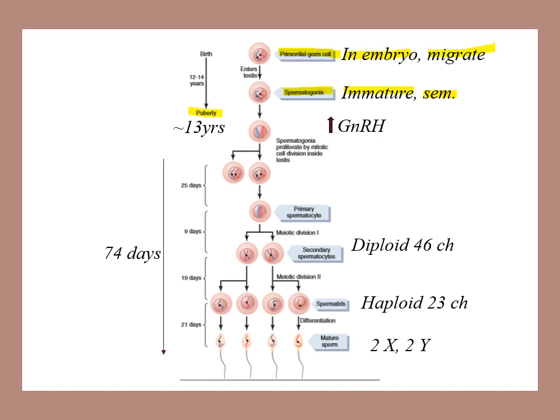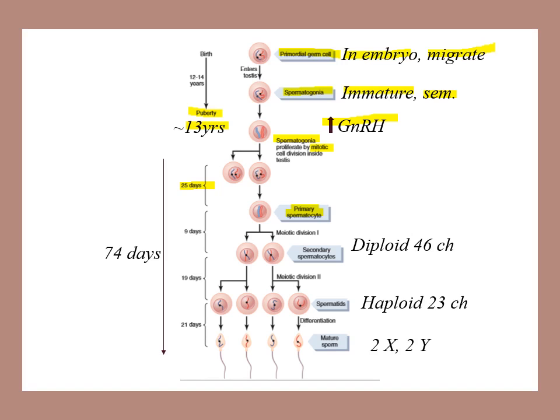But after puberty, which occurs around 13 years old, the gonadotropic releasing hormone will be increased, and then spermatogonia will start mitosis, proliferating, and this process takes about 25 days to give rise to primary spermatocytes.